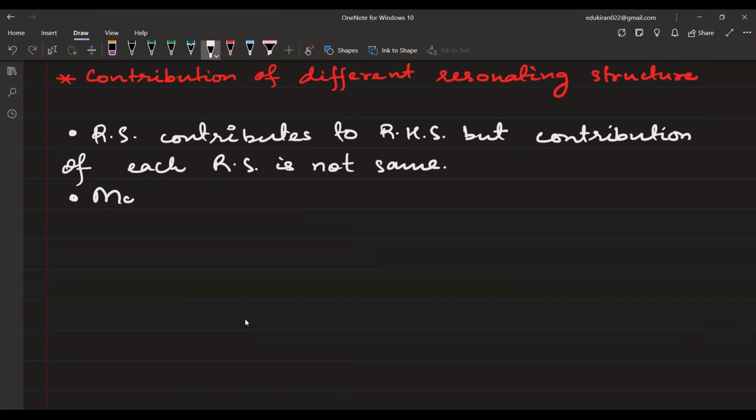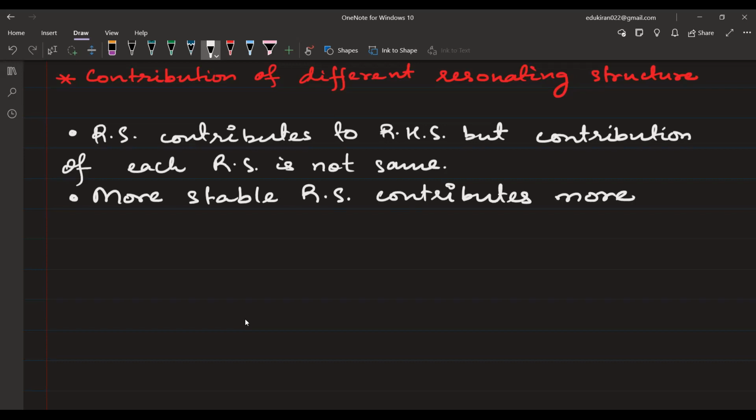Next point: more stable resonating structure contributes more and is more dominant.